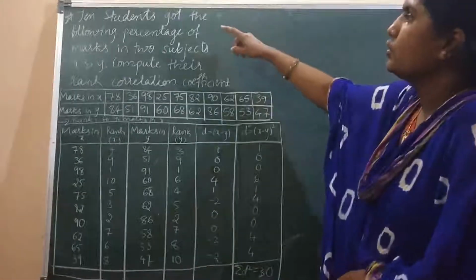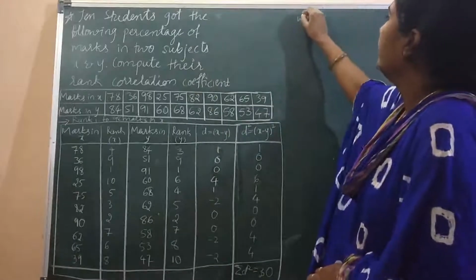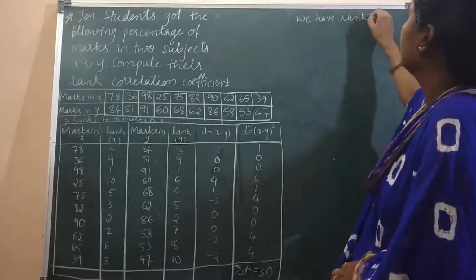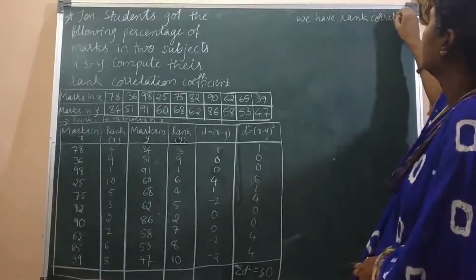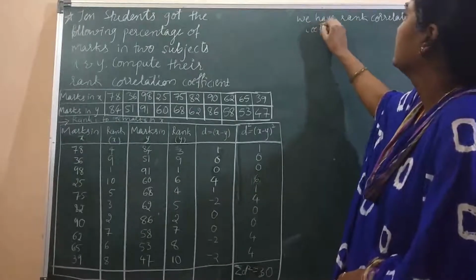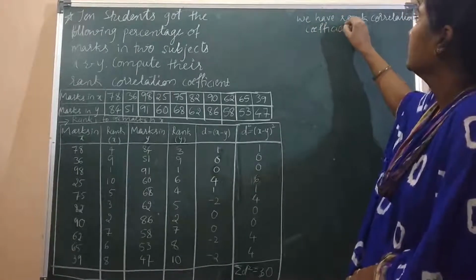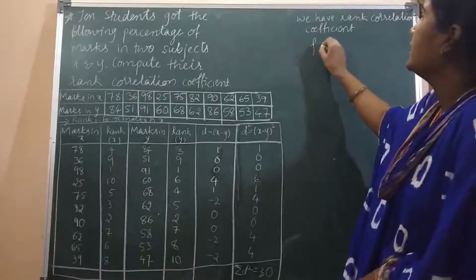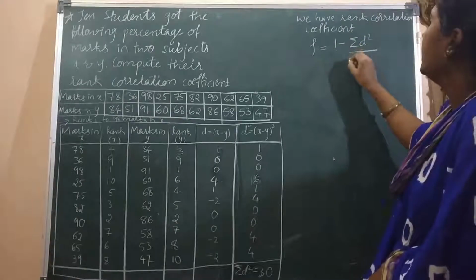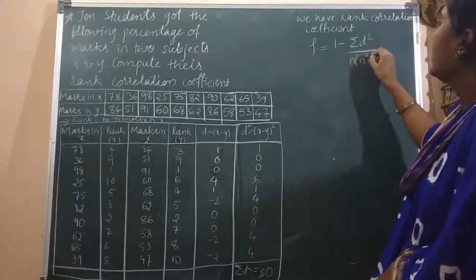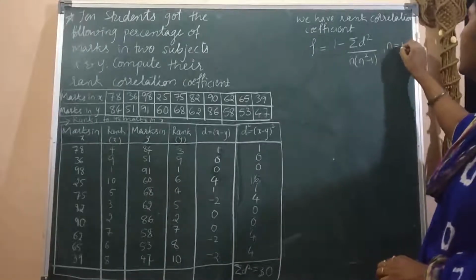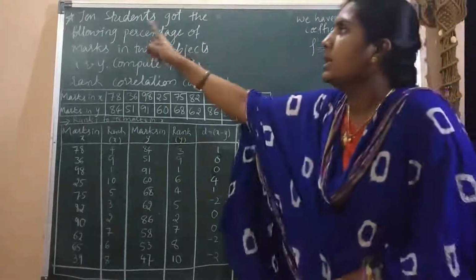Next, they are asking to find rank correlation. We have rank correlation coefficient rho is equal to 1 minus 6 into summation of D square upon n into bracket n square minus 1, where n is equal to 10 because they told 10 students.